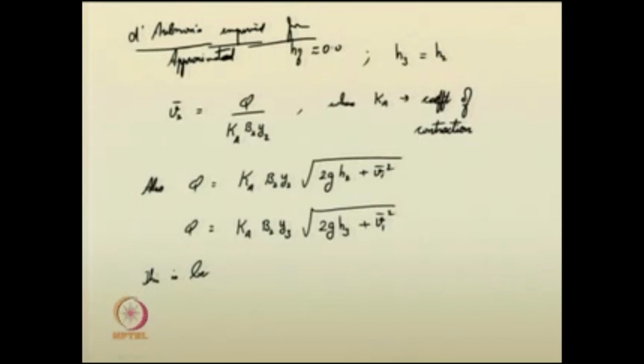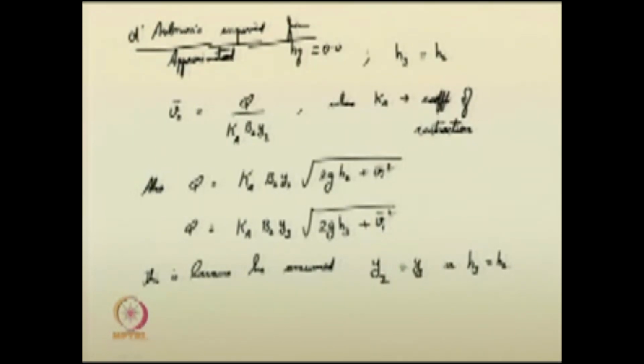This is because he assumed y 2 is equal to y 3, or h 3 is equal to h 2. That is the reason why you can write the discharge at both the sections in this form.